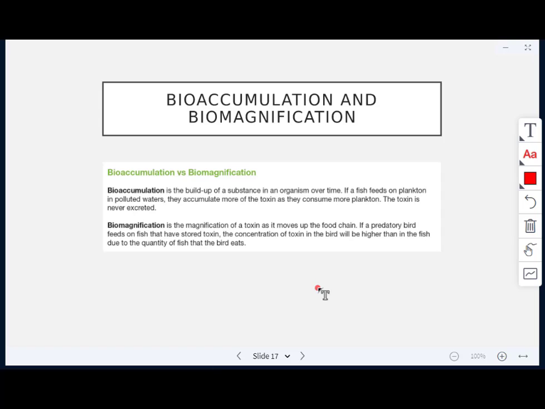And then biomagnification is the magnification of a toxin as it moves up the food chain. So if a predatory bird feeds on fish that have stored toxin, the concentration of the toxin in the bird is going to be higher than in the fish because of the quantity of fish that the bird is going to eat.